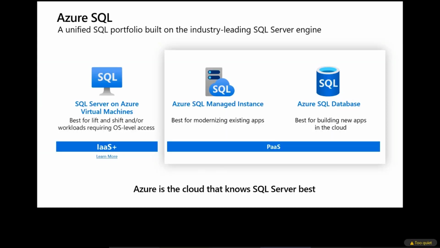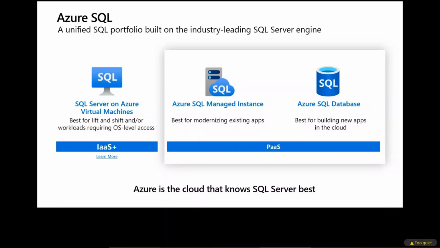Before that, I just want to explain what IaaS and PaaS are, just to set a platform for understanding the IaaS agent extension. IaaS is infrastructure as a service, where customers bring their on-prem SQL Server, do a lift and shift of the SQL Server workload, and get 100% compatibility with operating system level access in the Azure SQL VM.